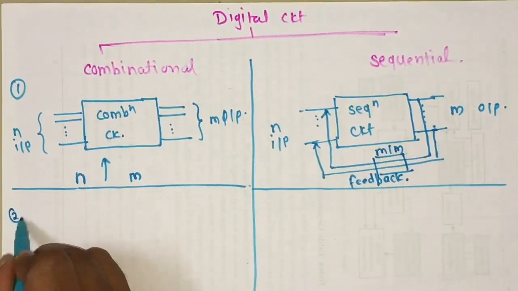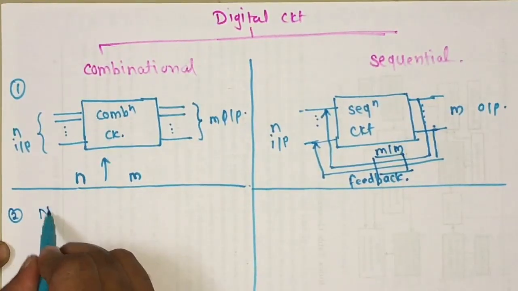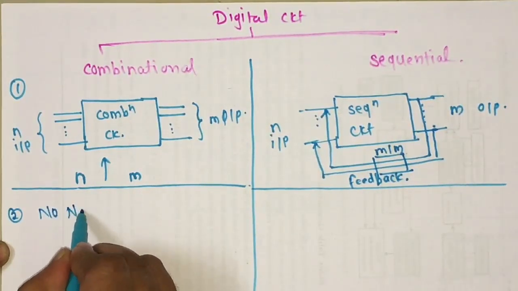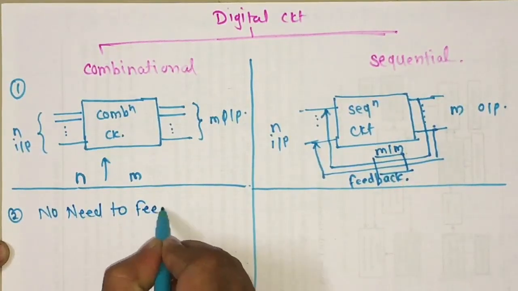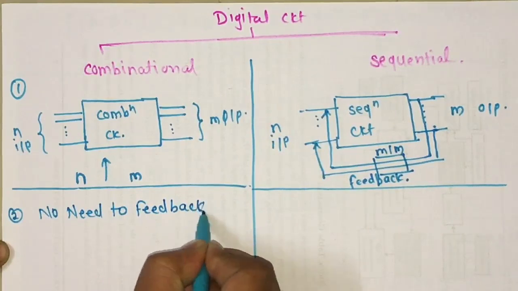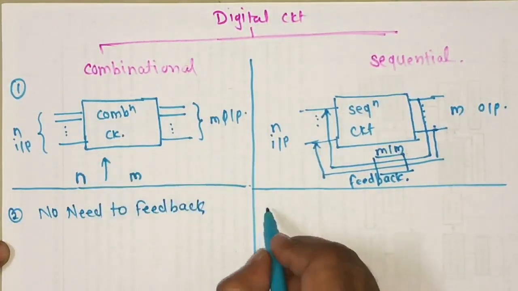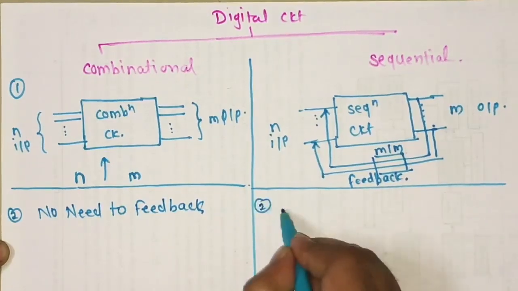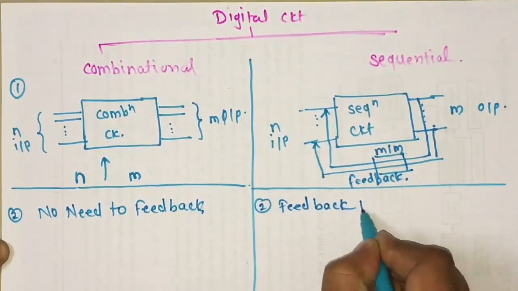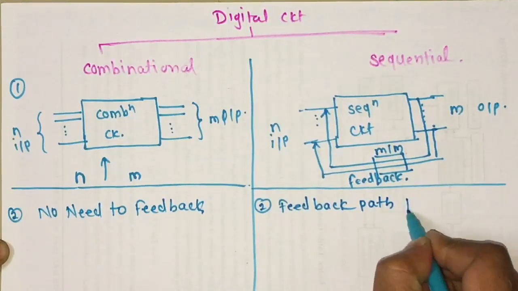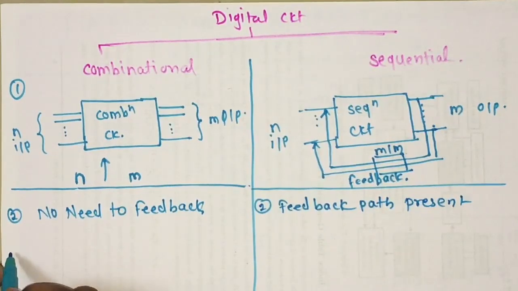From that we can say that the combinational circuit has no need to use a feedback path, so the feedback path is absent here, and in this case the feedback path is present. That is the second point.